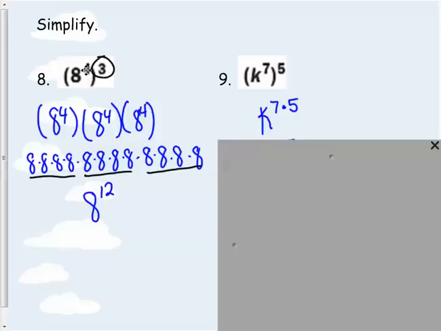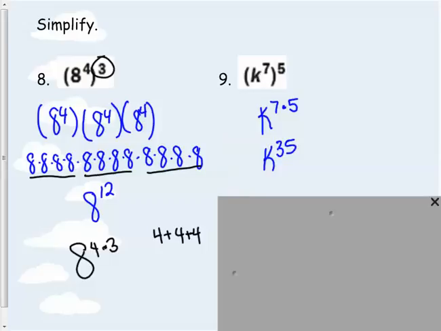You can either add the 4's together 3 times, but repeated addition is the same thing as multiplying. 4 plus 4 plus 4 is repeated addition. We've seen that before, which we know is the same thing as multiplying by 3. So over here, all you have to do is take 7 times 5 and get k to the 35th power.